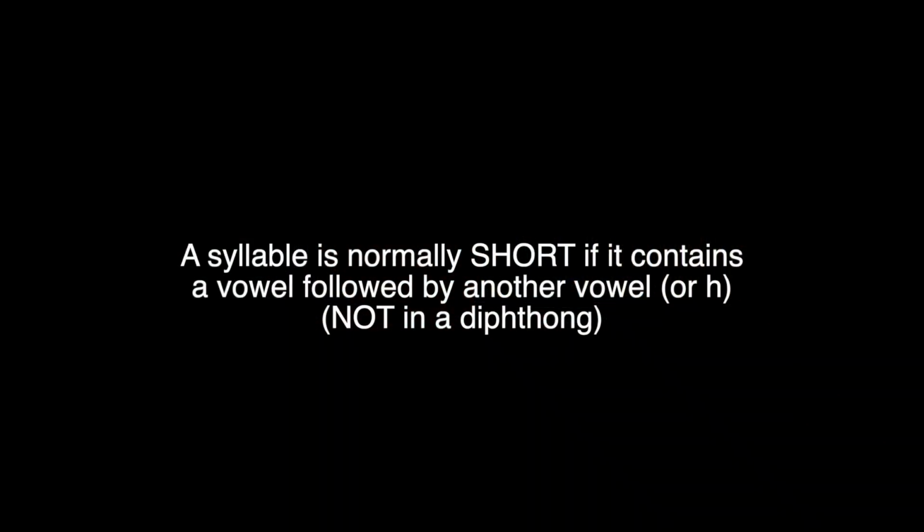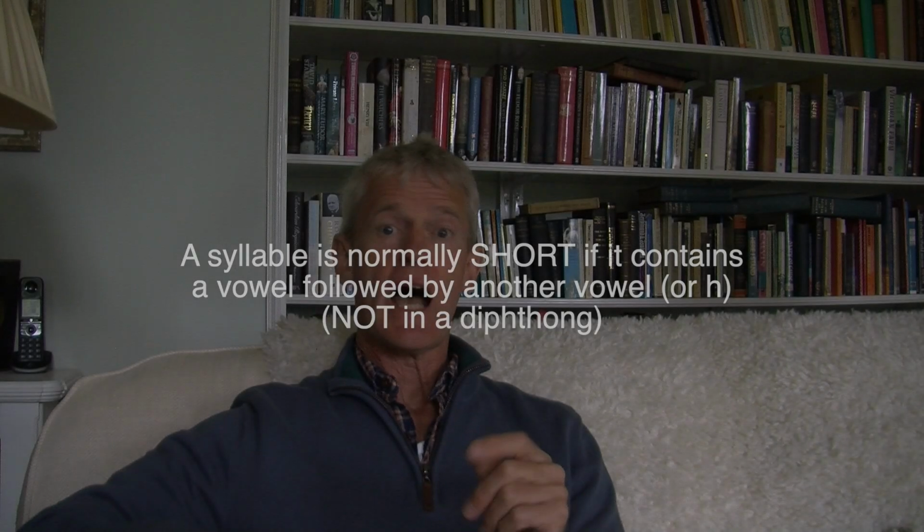Now the third thing to notice is that a vowel followed immediately by another vowel, which is not creating a diphthong, where that happens, the first of the 2 vowels will be short. Okay? And that also applies if it's a vowel followed by an H, by the way.